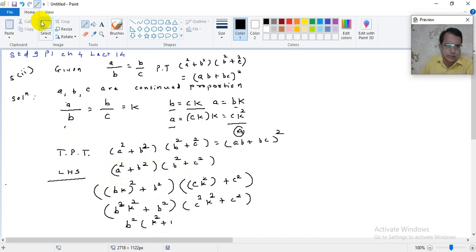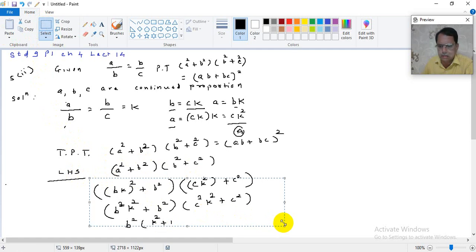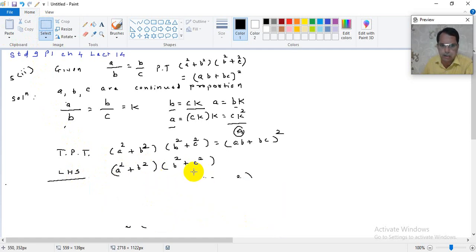So we have to, left hand side is A square plus B square into B square plus C square. Okay, so I will erase this. A square plus B square, out of that A is CK square, right? So I will put it here.